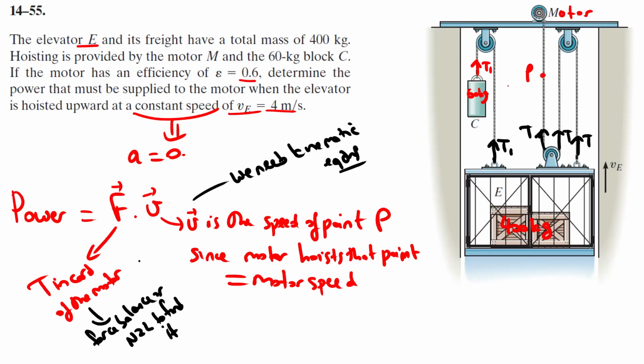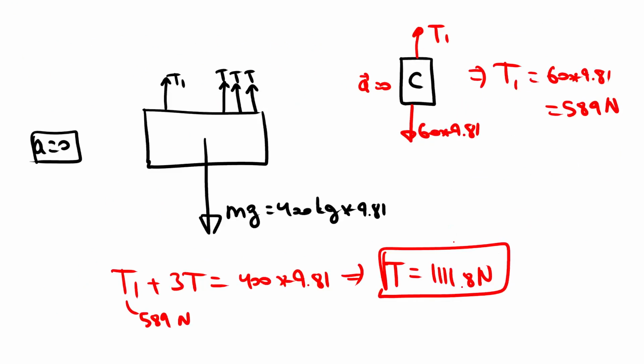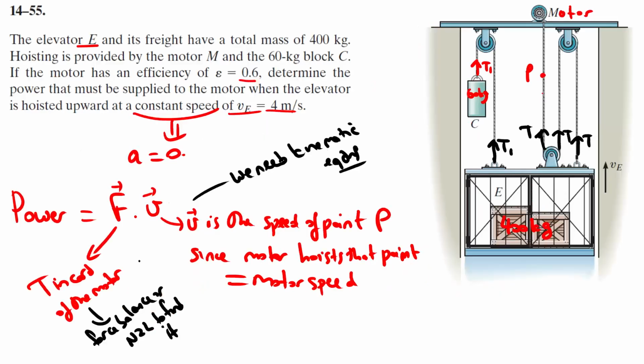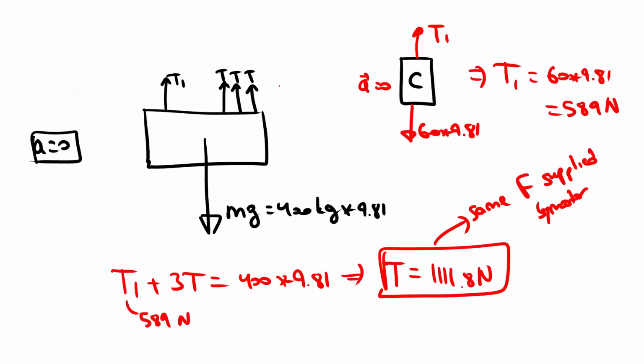This is the same T value that develops for the motor. So let me just show it. So the same force is supplied by the motor. As you can see, the motor pulls this one up with the force, and that's opposing the tension.